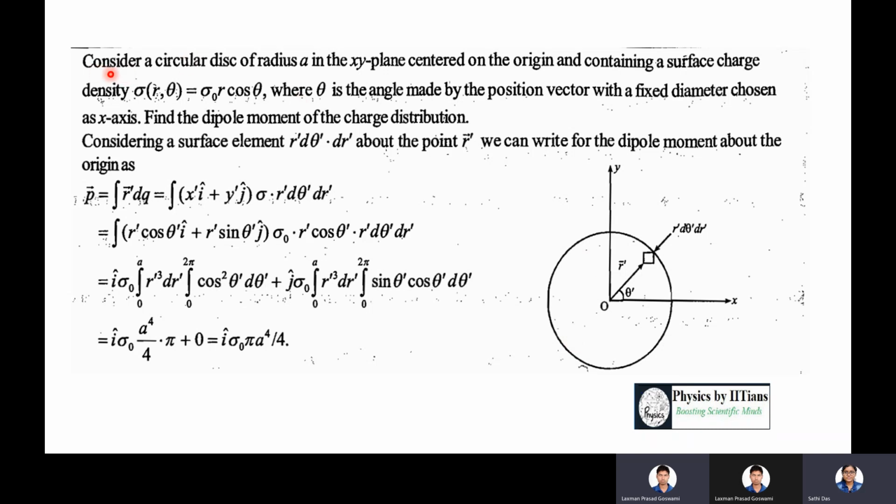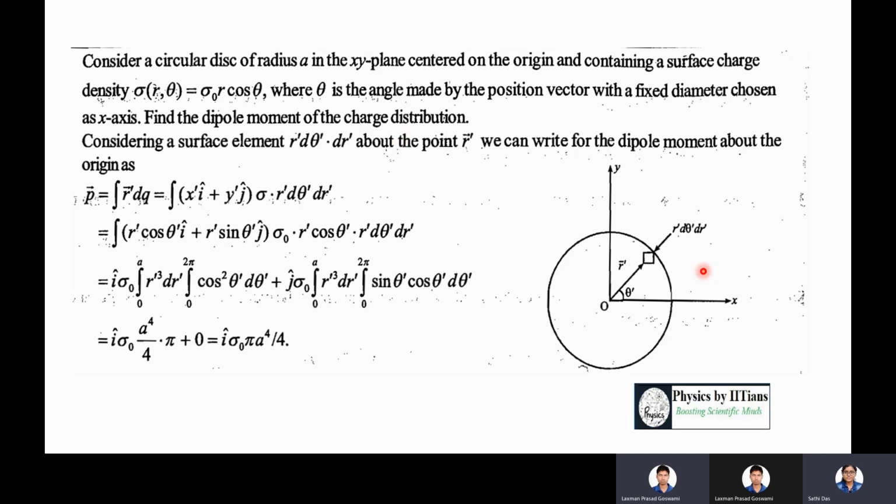So suppose the question is in the form: consider a circular disk of radius a in the xy plane, centered on the origin and containing a surface charge density sigma, which is a function of r and theta, sigma naught r cos theta, where theta is the angle made by the position vector with a fixed diameter chosen as the x-axis. So this is the theta angle, or theta prime as it is written here. Now find the dipole moment of the charge configuration.